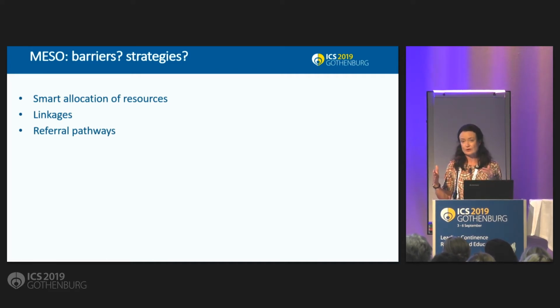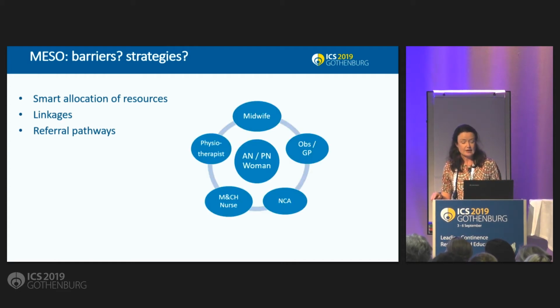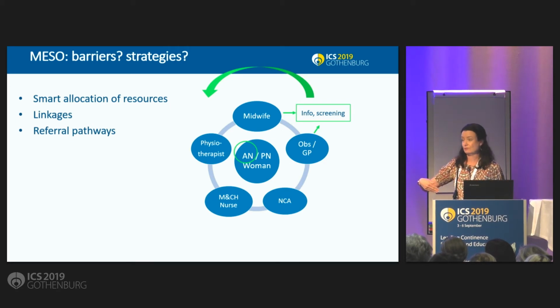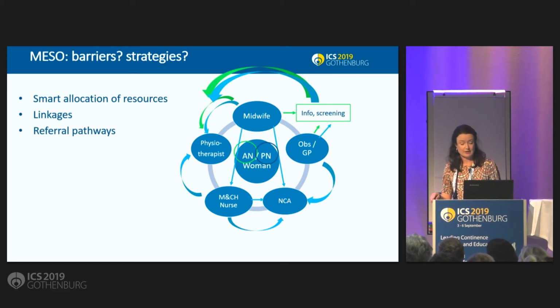So remember, we've got the competing priorities, we've got contextual differences. Can we use these people in a better way? Can we use one professional perhaps to do the screening? Can we then get that professional to refer to somebody else who's able to deliver the service? Can we get some communication going between those two people? Can we get continuity of care through pregnancy through to the postpartum?